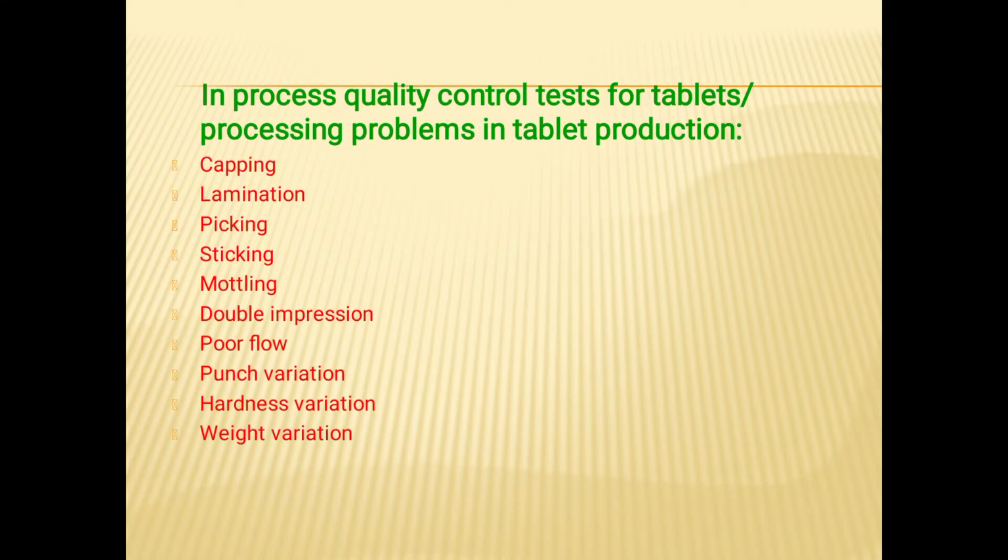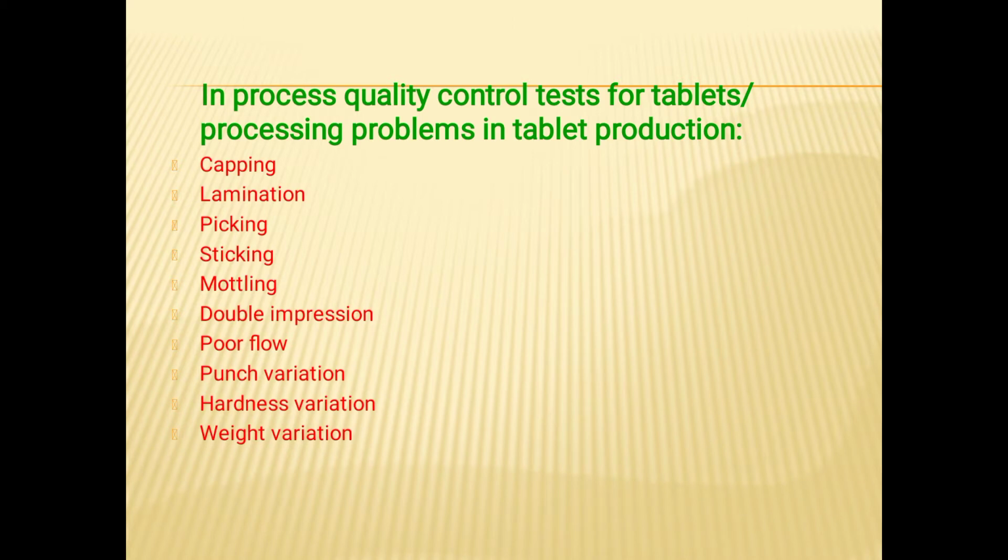Today we are going to discuss in-process quality control tests for tablets, or processing problems in tablet production. The defects observed during the manufacturing of tablets are generally visual defects.